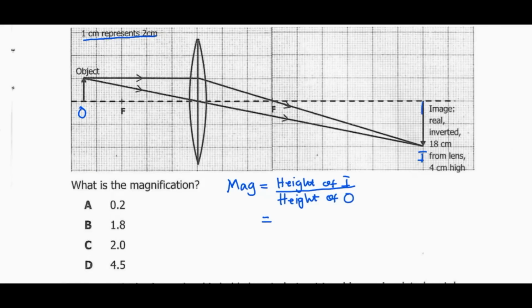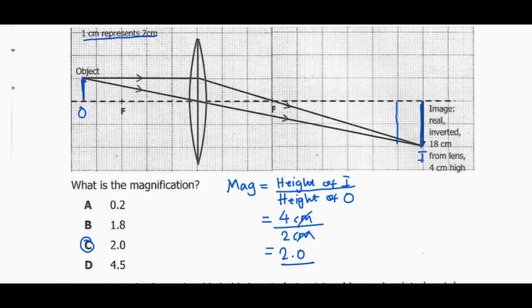From here up to here, we are told that if this is 1 centimeter and this is 2 centimeters, the whole height here is 4 centimeters. We know that 1 centimeter represents 2 centimeters, so the height of the image is 4 centimeters over here. We can see that if this is 1 centimeter, according to the scale we have 2 centimeters, so over 2 centimeters. If we cancel this, this will give us 2.0 as our answer, which is our C.